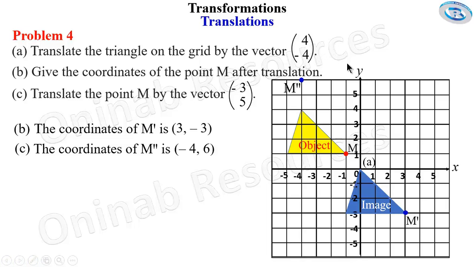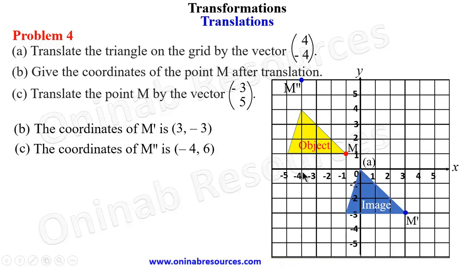You are going to have the coordinate for the image. That is going to be left for you as an option to verify and use. It is allowed. The x component here is negative 4. So negative 4 plus 4 is 0. You have the 0 here.